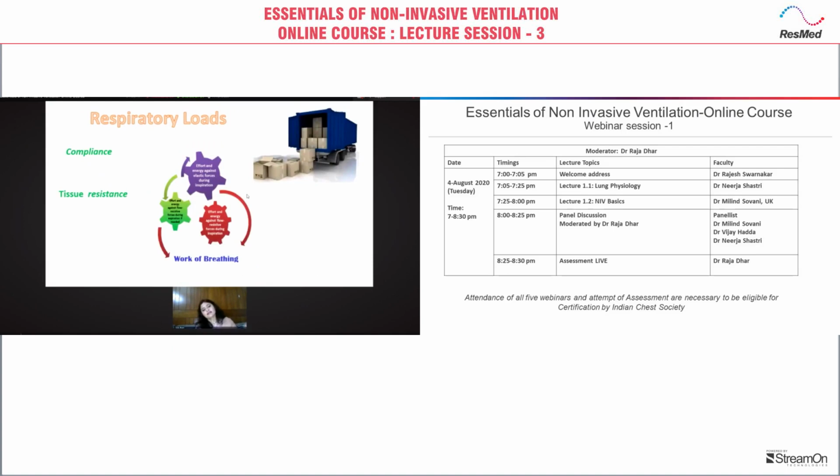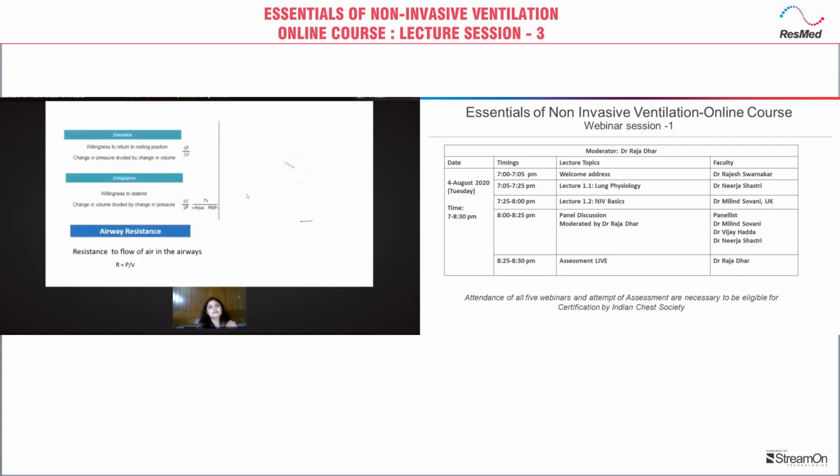We can call it compliance. So what are the resistances one has to face when air flows in the lungs? One is your compliance: the more you expand, but if there are more elastic fibers, the compliance will not happen. Compliance and elastance are in opposite directions. Then tissue resistance and airway resistance. Tissue resistance doesn't hamper much.